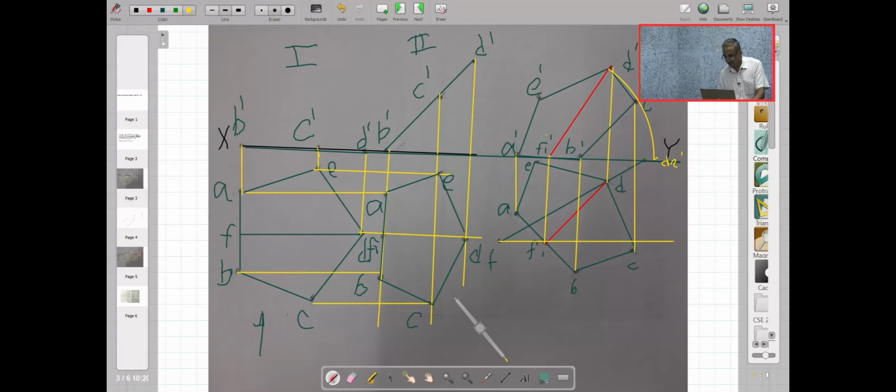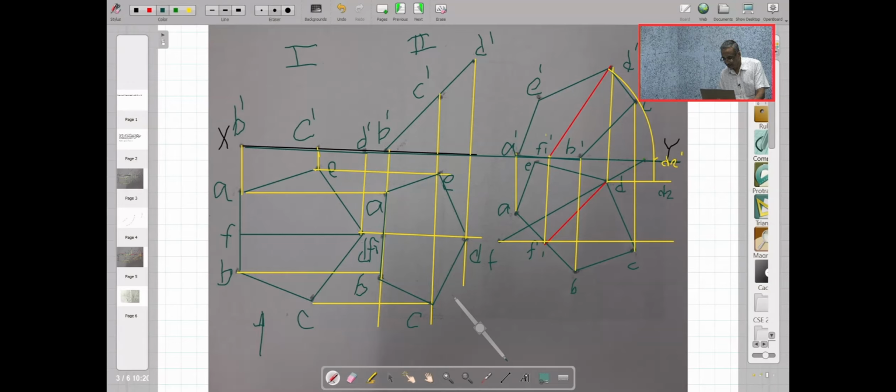Now from D, let me draw a horizontal line. From this D2 dash, let me draw a vertical line. The intersecting point, let me call this as D2.